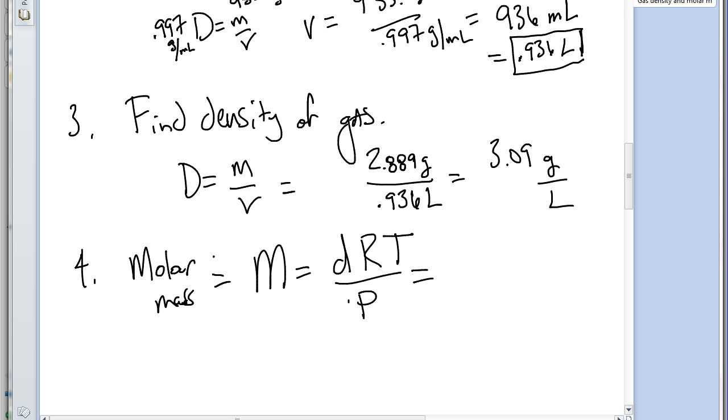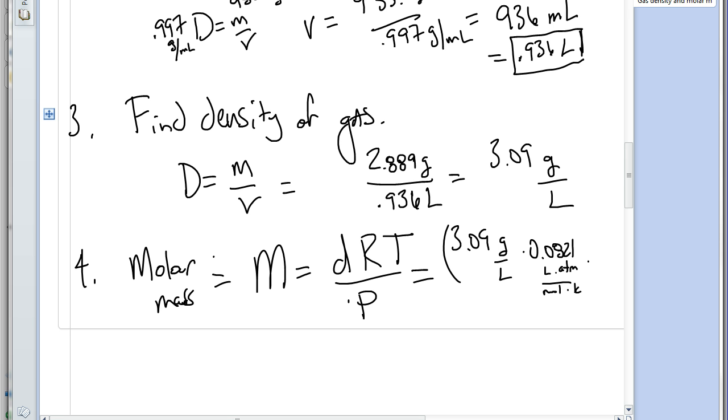So, the density that we just calculated, 3.09 grams per liter, multiplied by the ideal gas law constant, 0.0821 liters atmosphere per moles Kelvin, multiplied by temperature. In this case, temperature was given to us as 31 degrees Celsius, so I'm going to have to add 273 to that.